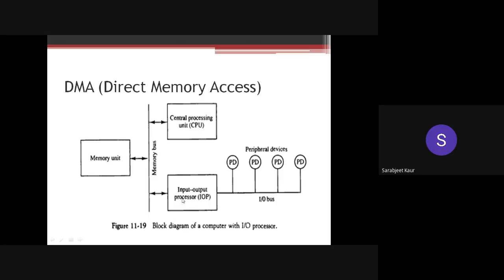And generally, this bus grant is only for one or two time cycles, during which the IOP completes its process. Now, if this bus grant is only for one or two time cycles, this is known as cycle stealing.